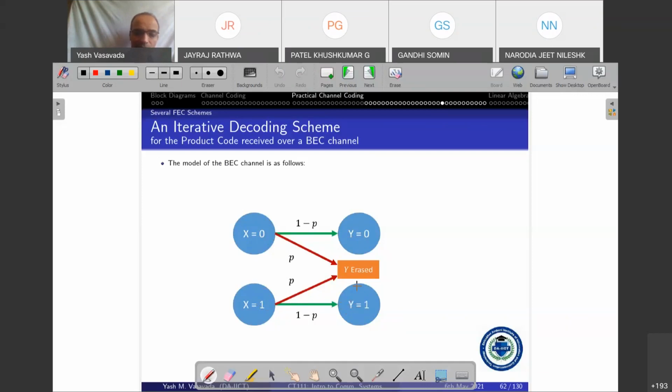So whenever the receiver gets 0 and 1, it has no doubt about what the transmitter sent. The problem is that sometimes the bits get erased. The receiver doesn't get anything. And that happens with a probability of p. So we are considering this type of erasure channel. When a particular transmitted bit gets erased, obviously the receiver doesn't know whether x is 0 or 1.